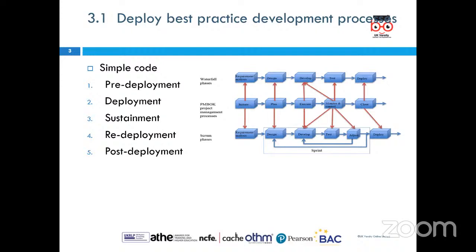As we can see from a waterfall phase, we simply have requirements analysis, design, develop, test, and deploy. When it comes to deploying, we'll have sub-tasks for it: a pre-deployment phase, deployment, sustainment, redeployment, and post-deployment.